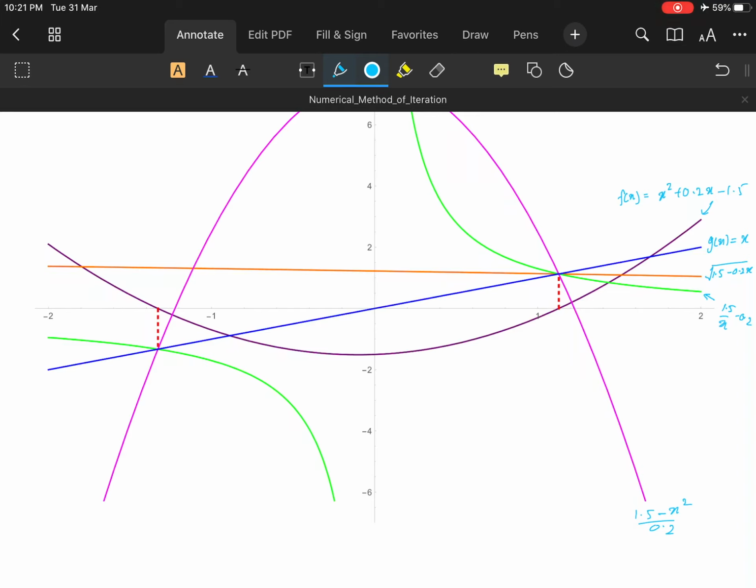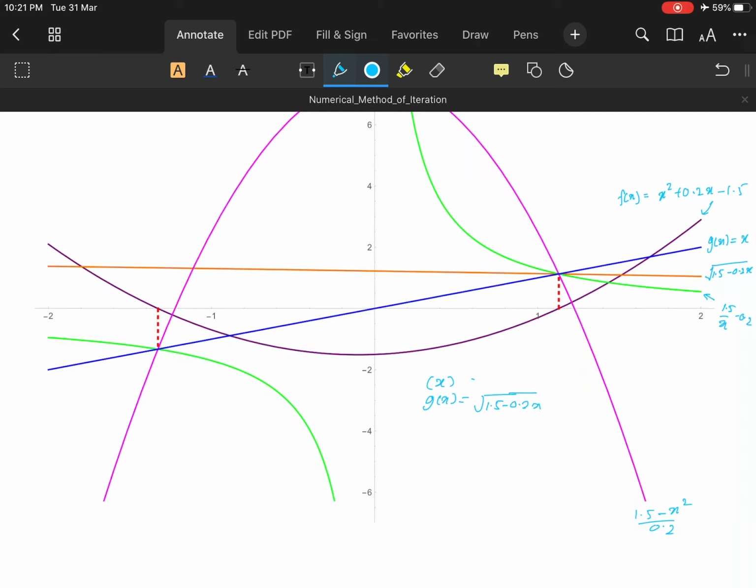Remember the first relation we have is g(x), here is actually x, equals the square root of 1.5 minus 0.2x. So where is that line?